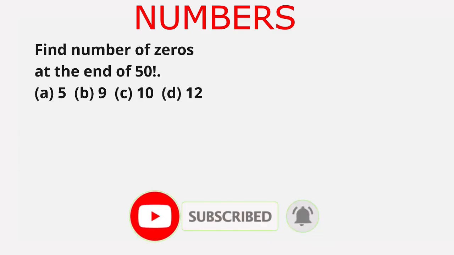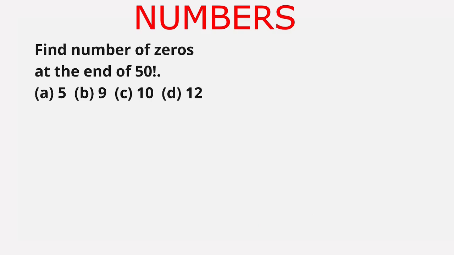We have to find the number of zeros at the end of 50 factorial. And this is nothing else but finding the maximum power of 10 in 50 factorial. But 10 is not a prime number. So what we do, as we know that 10 is equal to 2 multiplied by 5, and the power of 2 will be more than the power of 5 in 50 factorial.